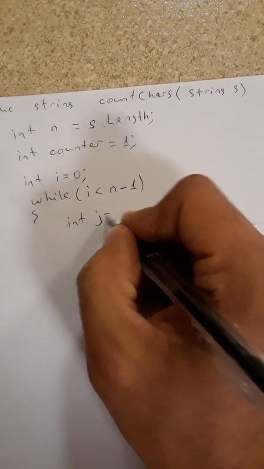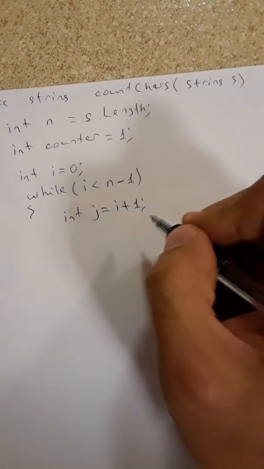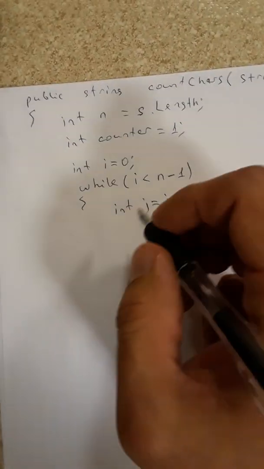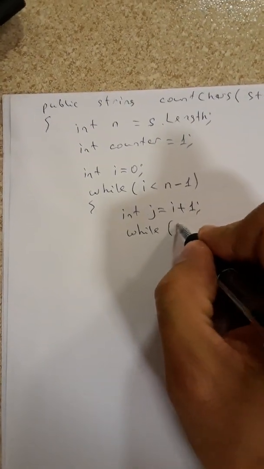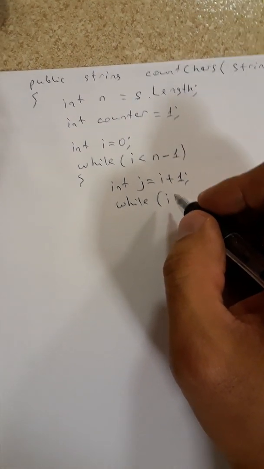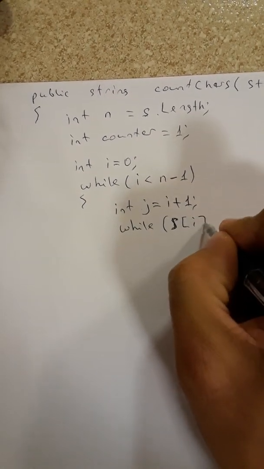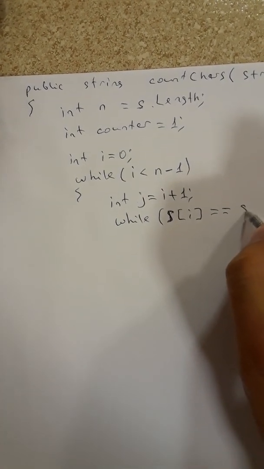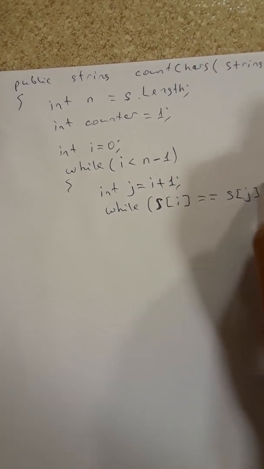So here I will define the j value, which will be the next element, and the initial value will always be i plus 1. Here I'm gonna use another while loop, and I'm gonna say that my while loop should run while my initial element is equal to the next element at the index j.